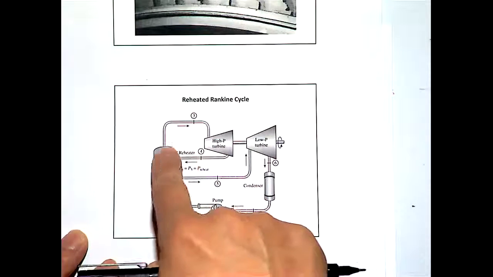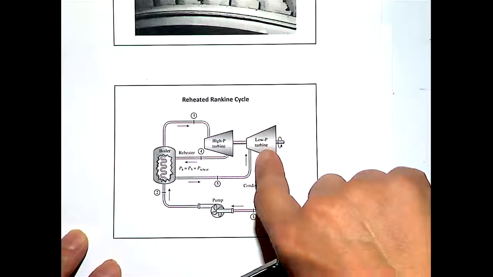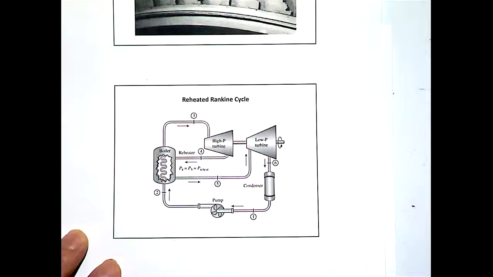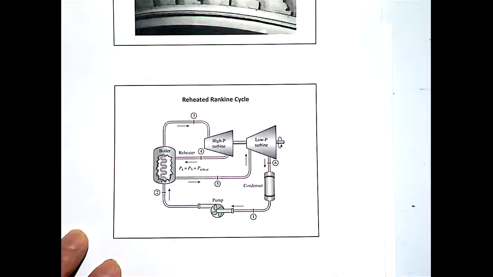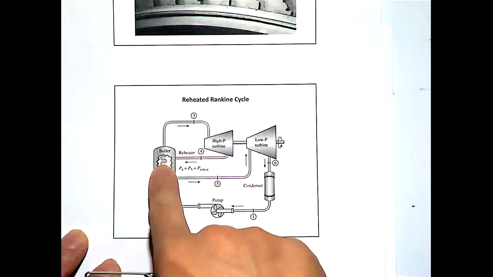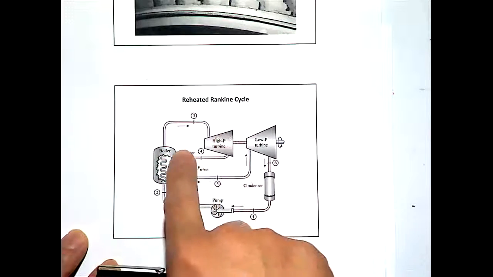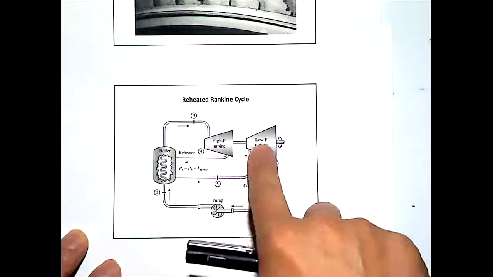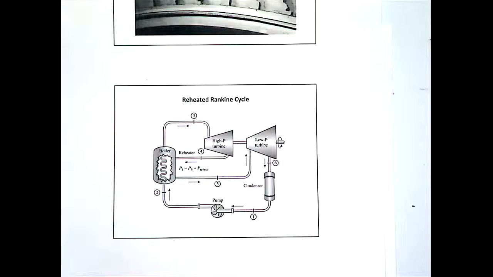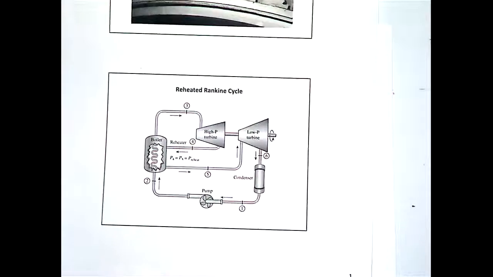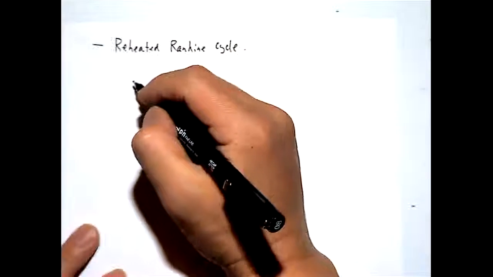Then it goes back with even higher temperature. The pressure does not change going through the boiler. So with higher temperature, it goes into the low pressure turbine. In that case, you will end up with a higher steam quality. This will be clear if we draw the TS diagram.